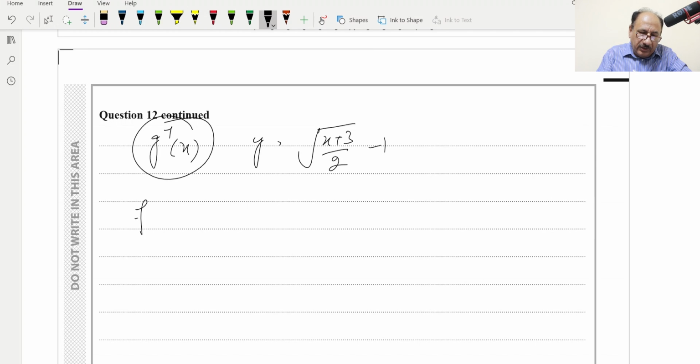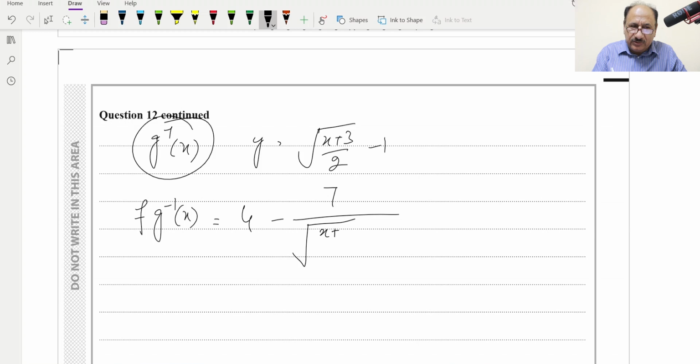Now we need to find f of g inverse of x. It means what? In f of x we will be replacing the g inverse of x value. So 4 minus 7 over... instead of x we will be replacing this value, so it will be square root of (x plus 3) over 2 minus 1.